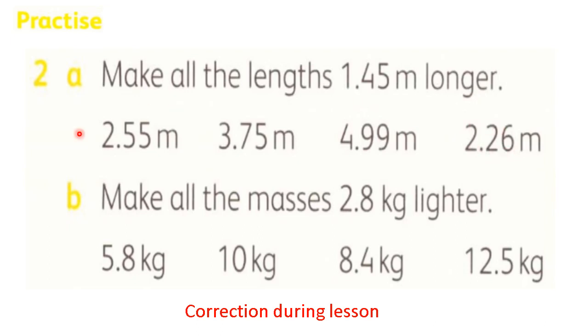Use a mental method. B. Make all the masses 2.8 kilograms lighter. Here you have to subtract, take away 2.8 kilos from each of these here. Use what you know about number bonds to help you.